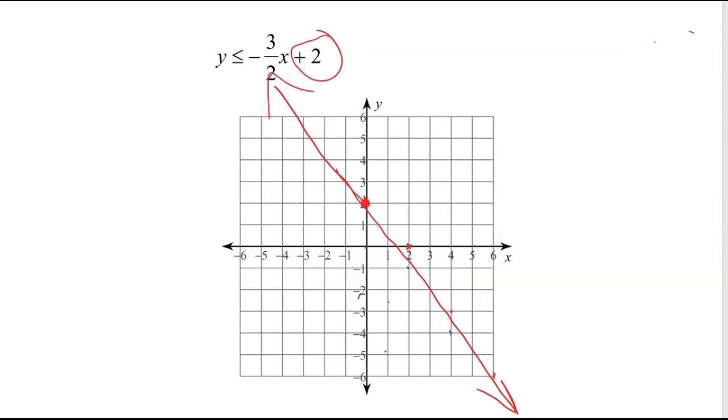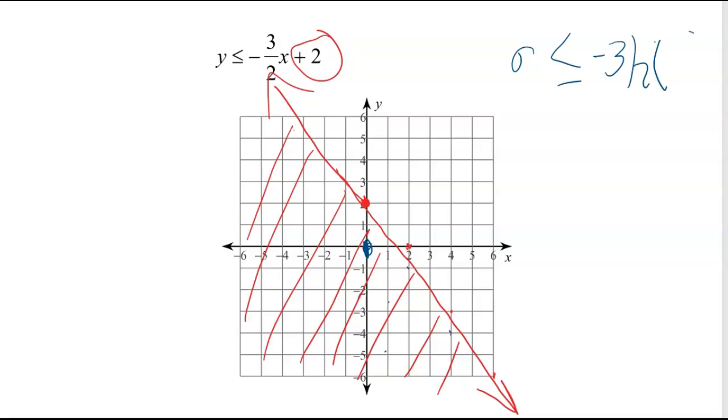All right, and here we have y is less than or equal to. So if it's less than, 1 is less than 2, that means it's going to be going this way, correct? Should we check it? I'm going to use 0, 0 again because I like 0, 0. It's easy. If y is 0, negative 3 over 2 times 0 plus 2.